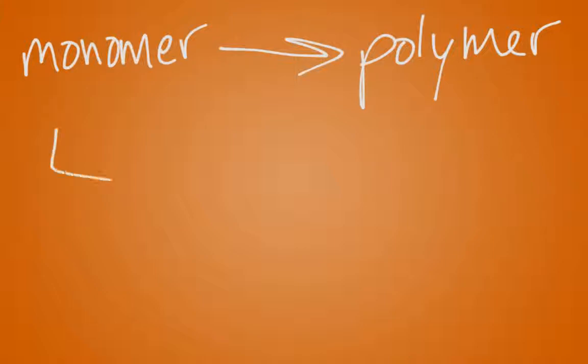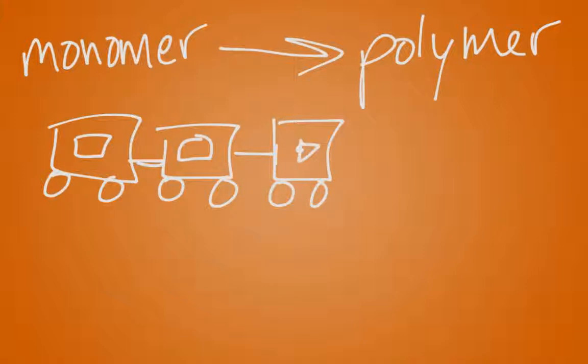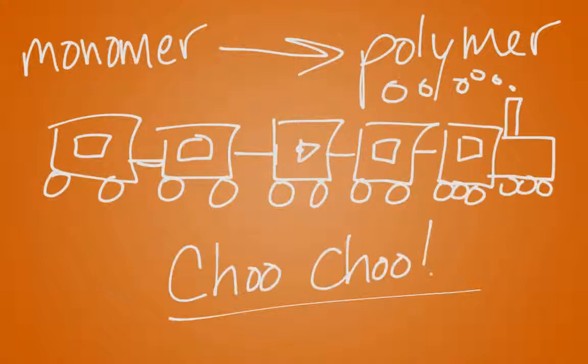You have one particular type of car, and you link that to another car, and you link that to yet another car, and still another, and eventually you get this long chain that we would call a train.